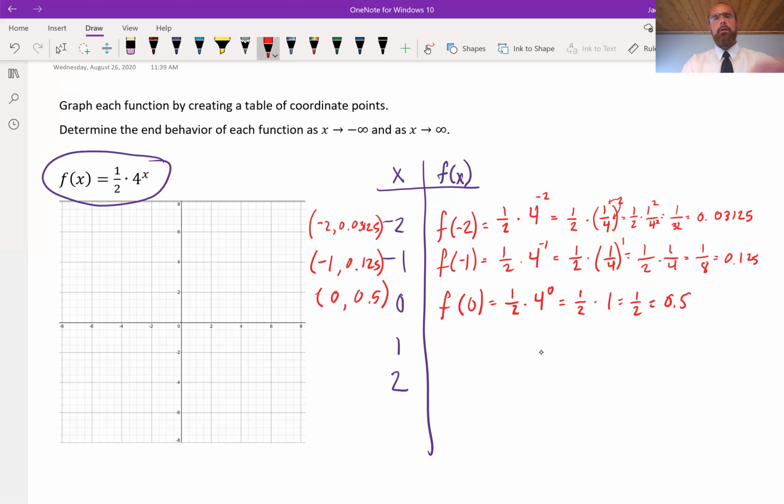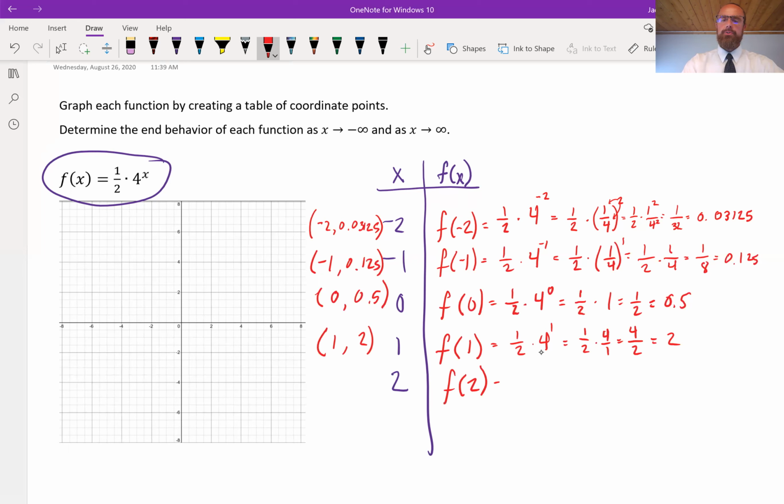Notice as we go and get into the positive integers, the evaluation becomes a little easier. F at 1 is 1/2 times 4 to the power of 1, which is 1/2 times 4 over 1, which is 1 times 4 is 4 over 2 times 1 is 2. 4 divided by 2 is 2. Fourth coordinate point is 1, 2.